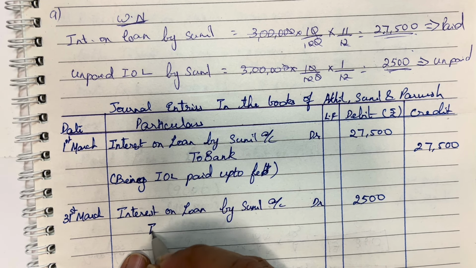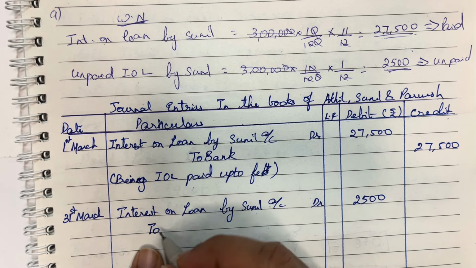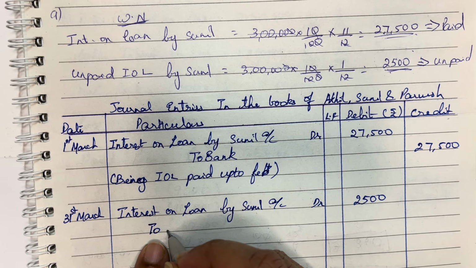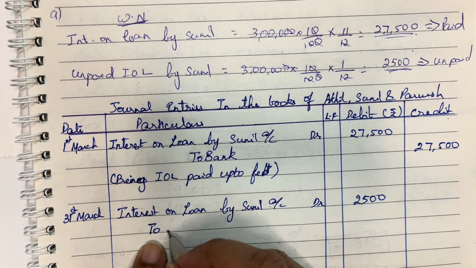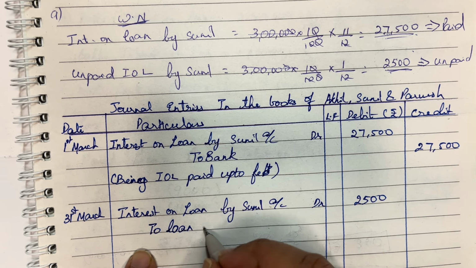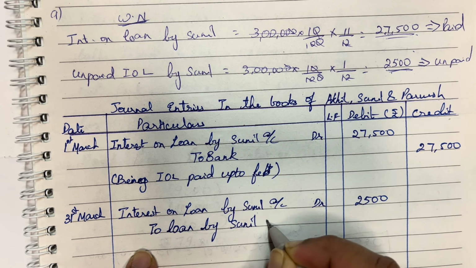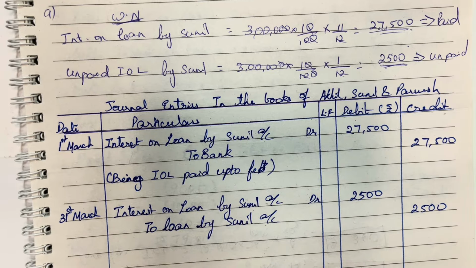So where will this amount go into? This would go into loan by Sunil, because this interest is provided for the sake of a loan that the firm has borrowed from Sunil. So we'll write as to loan by Sunil account, 2,500.